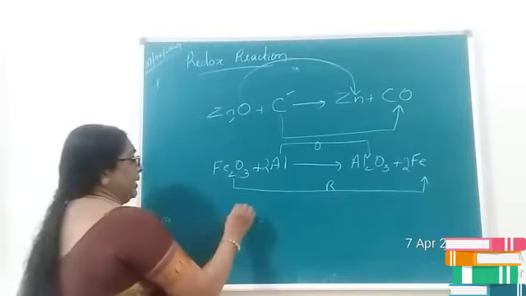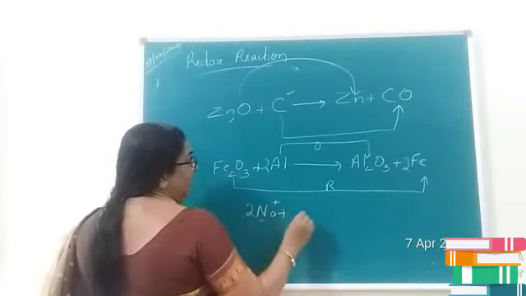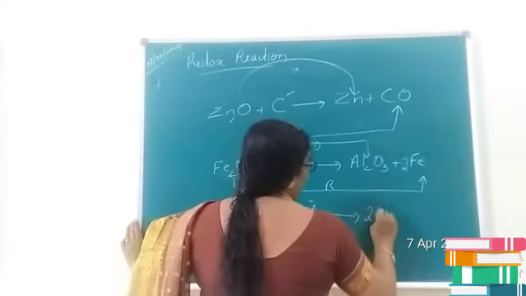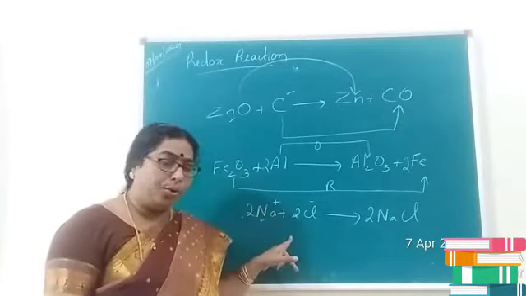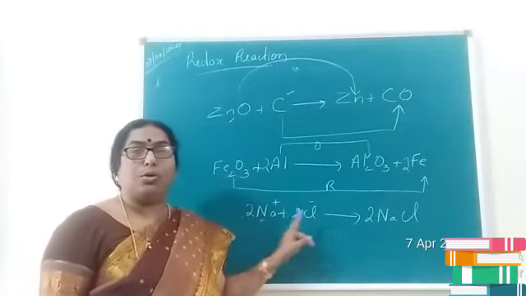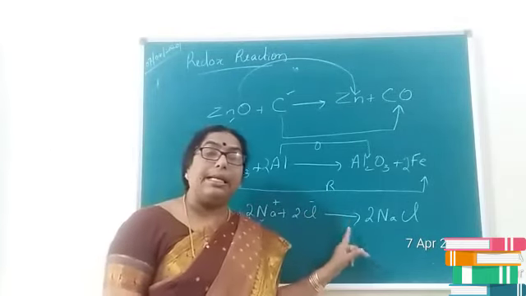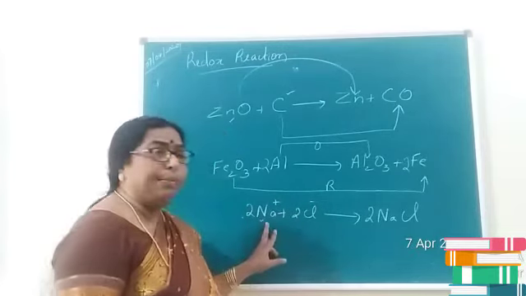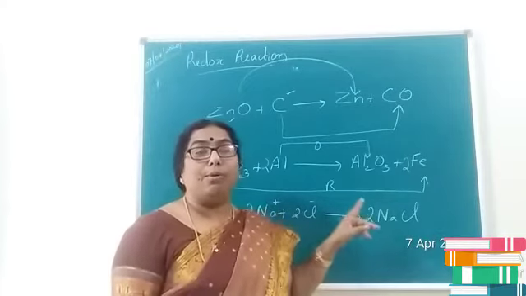Let us consider another example. 2Na+ combines with 2Cl- and produces 2NaCl. In this case, sodium loses electron and chlorine gains electron. Sodium loses electron to form sodium ion and chlorine atom gains electron to form chloride ion, and due to the attraction between opposite charges, it results in the formation of the compound sodium chloride.